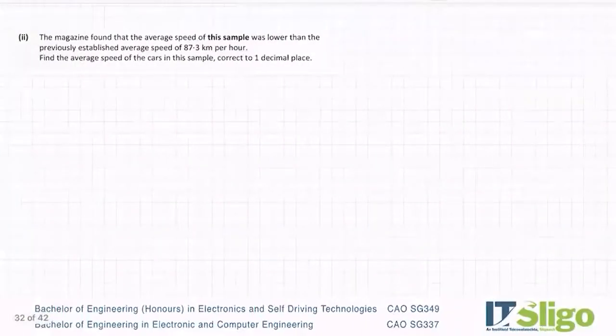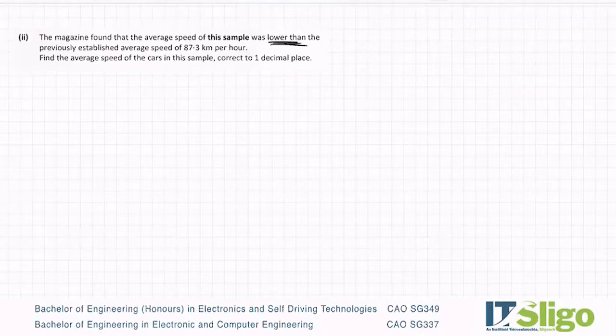The magazine found that the average speed of this sample was lower than the previously established speed of 87.3, so it was lower. Okay, find the average speed of the cars in the sample, correct to 1 decimal place. Okay, so let me draw that normal distribution again.